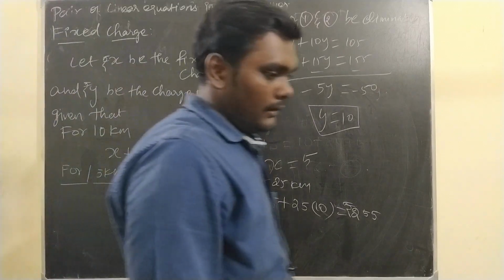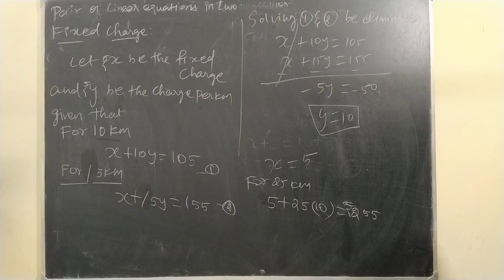Okay. And the lending library, a very important question. What is that question? Lending library question. Oh, my book does not have the question. Sorry, exercise 3.4, the fifth one. A lending library has a fixed charge for the first 3 days and an additional charge for each day thereafter.